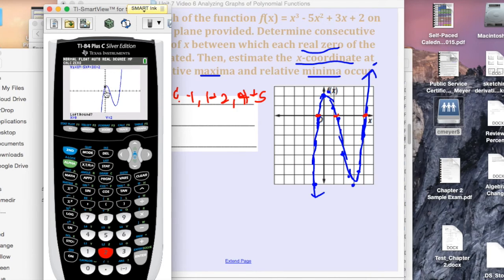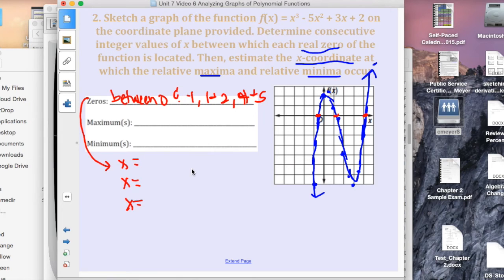Notice how it says left bound. Okay, if I want to find this point, I have to be to the left of it. So I'm going to move my little cursor over so it's to the left. It's currently to the left, so I would hit enter. Then I move it to the right of the point and hit enter, and then I hit enter again. This tells me my 0 is -0.391. Okay, there's my first one.